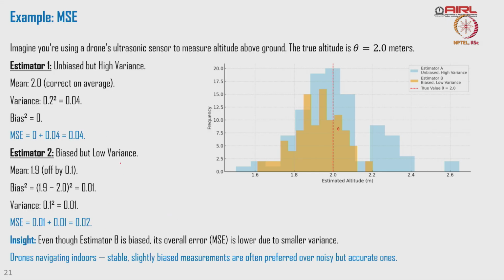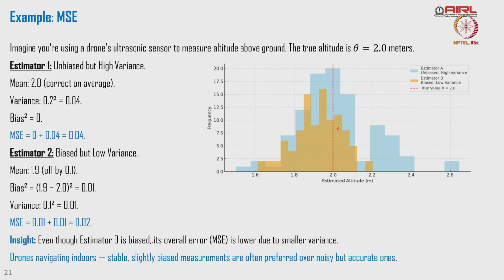I have another estimator with low variance, where the mean is 1.9. The bias is 1.9 minus 2, that is 0.1, and the square is 0.01. The variance is 0.01. So the mean square error is 0.01 plus 0.01, which is 0.02.